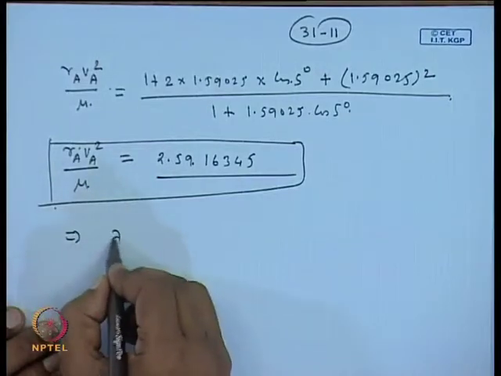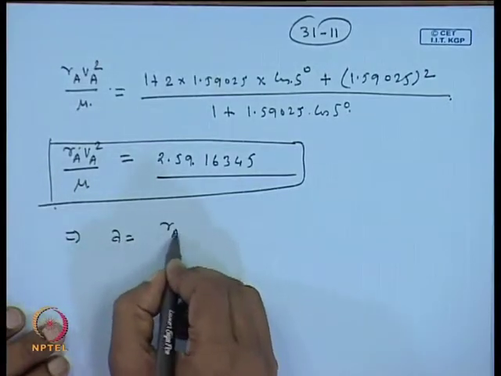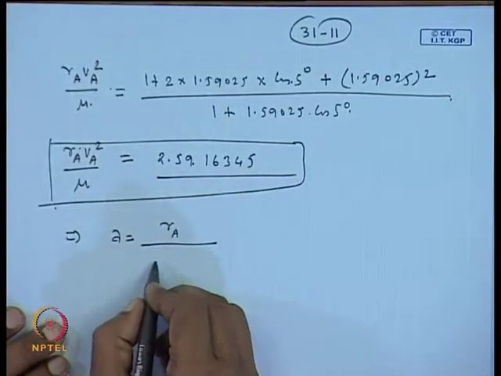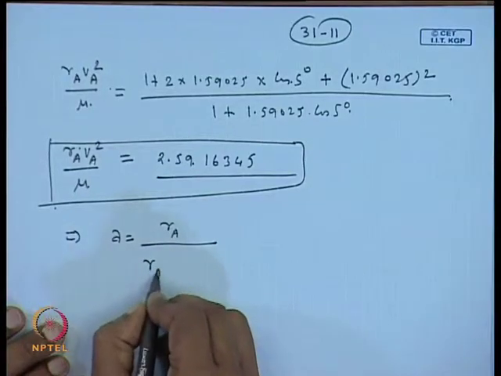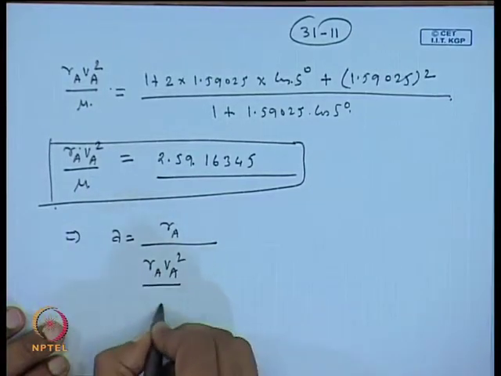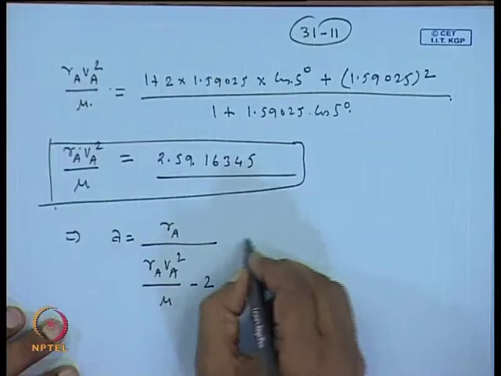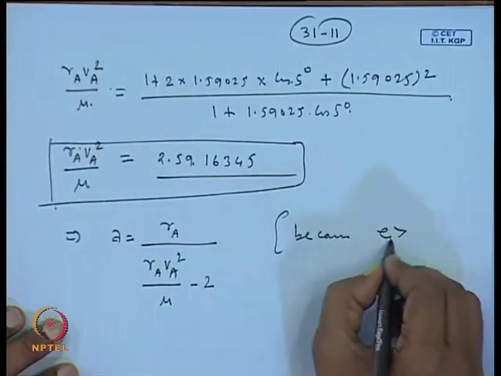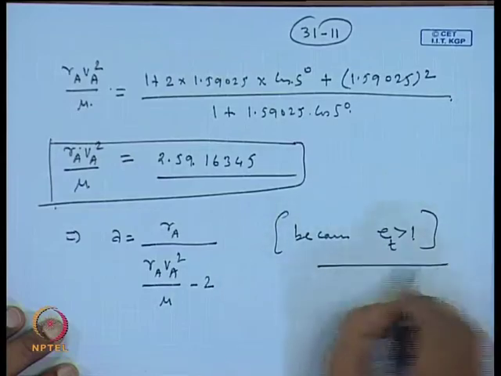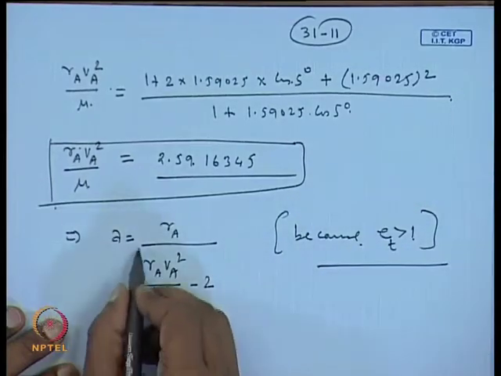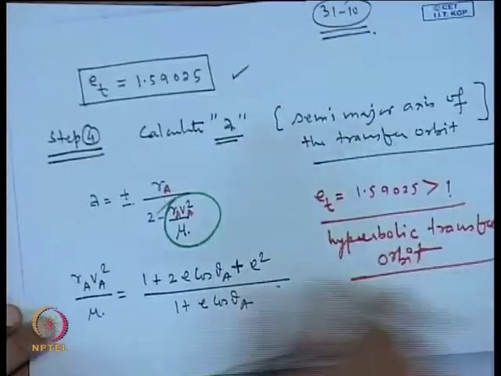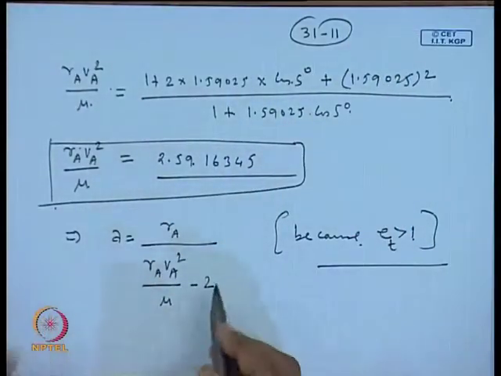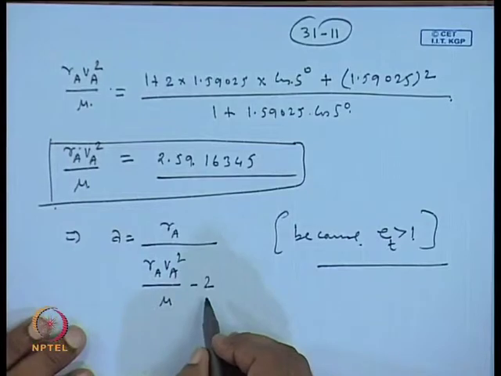So, therefore, A will be R_A by R_A V_A square by mu minus 2, because E_t is greater than 1, and therefore we have to consider the negative sign in this equation. So, this will get reduced into this form, and inserting all the values here.